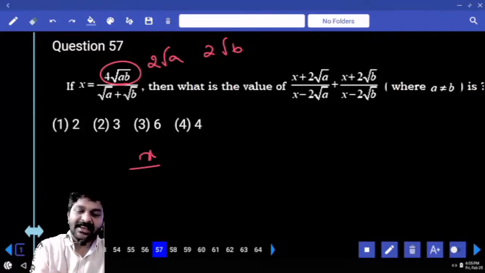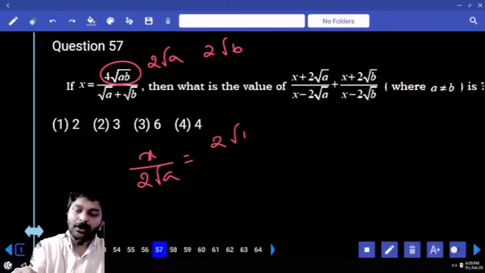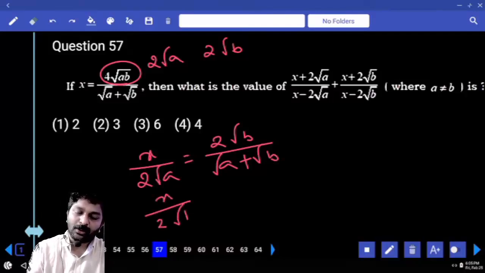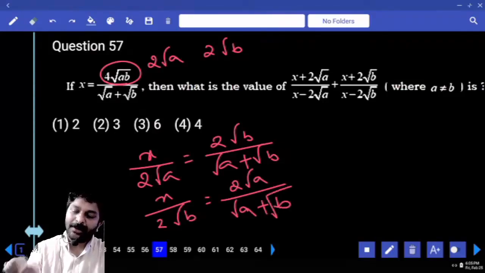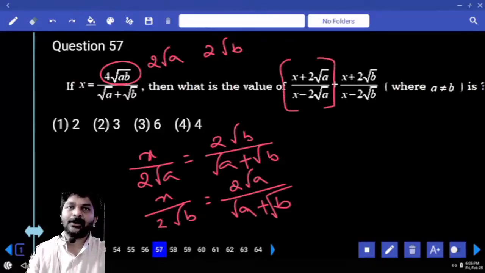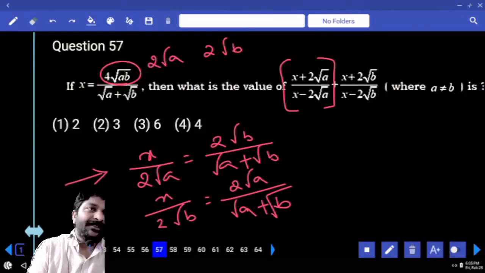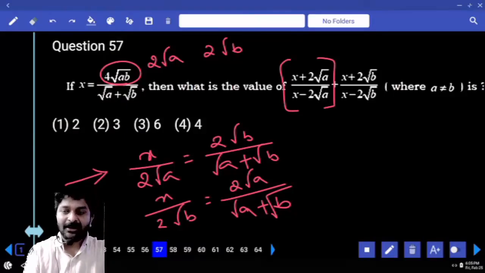From this we can say x by 2 root a is equal to 2 root b by root a plus root b. And at the same time, x by 2 root b, we can write as 2 root a by root a plus root b. Correct. To get your first term, x plus 2 root a by x minus 2 root a, if you do componendo and dividendo, you get the same term.